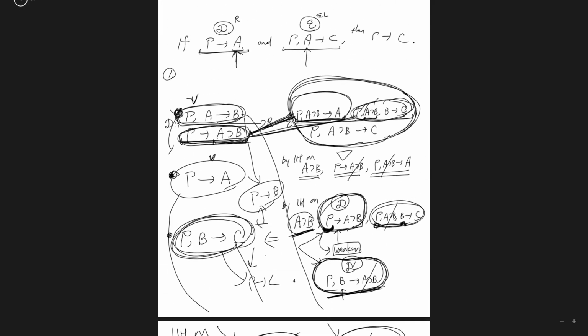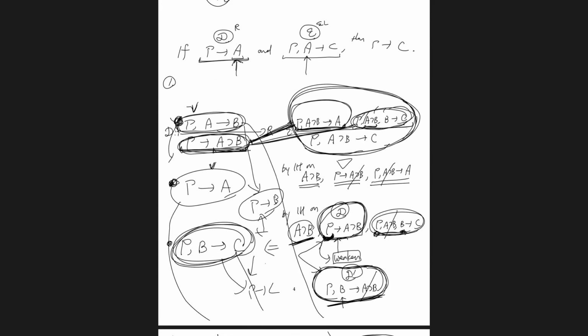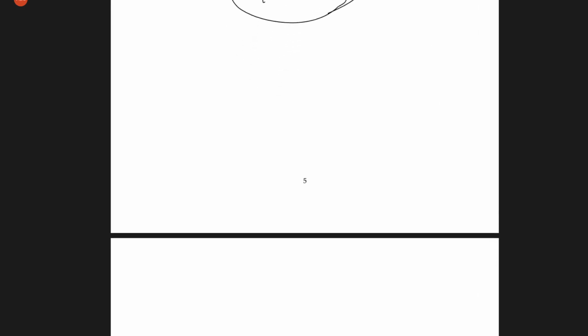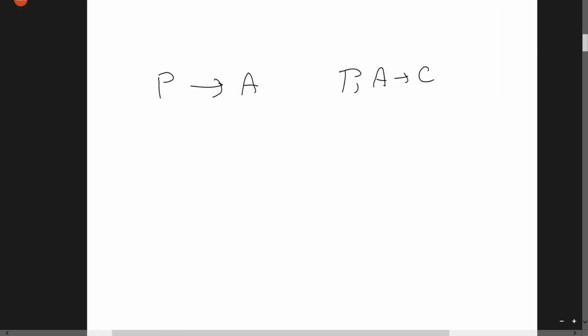The next case looks like this: we have gamma right arrow A and gamma A arrow C. But this time, instead of focusing on the formula A here, we'd like to focus on somewhere in gamma.